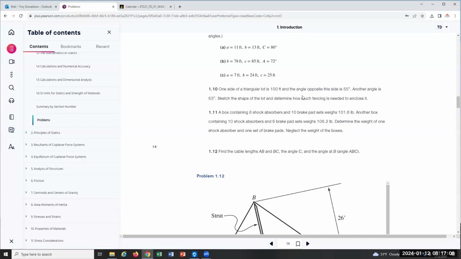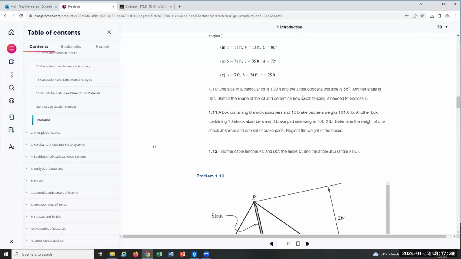Well, opposite is 55. This is 63. This is 30, 60, 90, so we'll do that. Start it there. And then this is 55, so that's 30, 60, 55 is like right in there. Constructed it a little better that time. I don't know if that's right or not. We're gonna go with it.